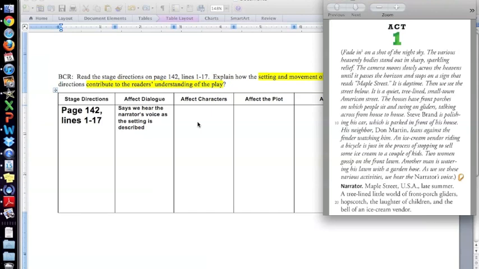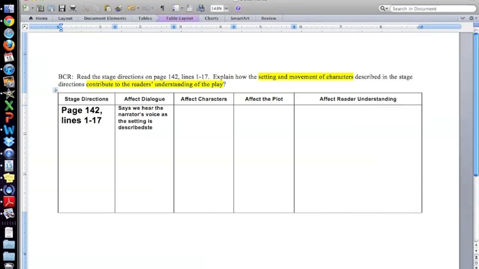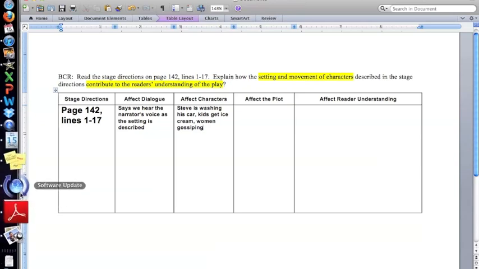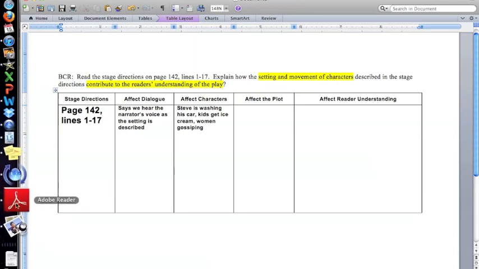I'm going to write all that up right here. Steve is washing his car. Kids get ice cream. Women gossiping. We have a little bit of description of some of these characters, but basically we're seeing them in their setting. It seems like a normal, kind of peaceful weekend activity that's going on here.